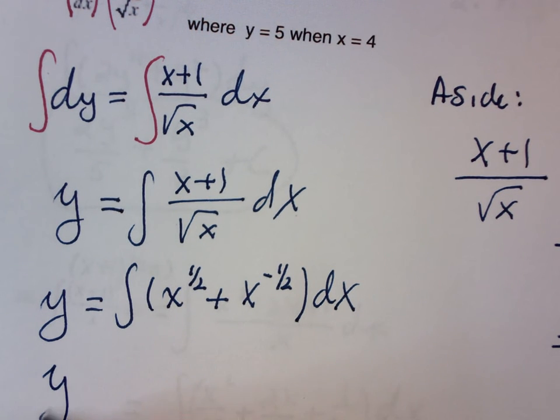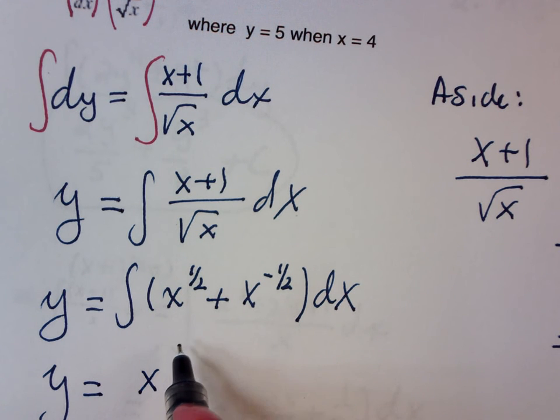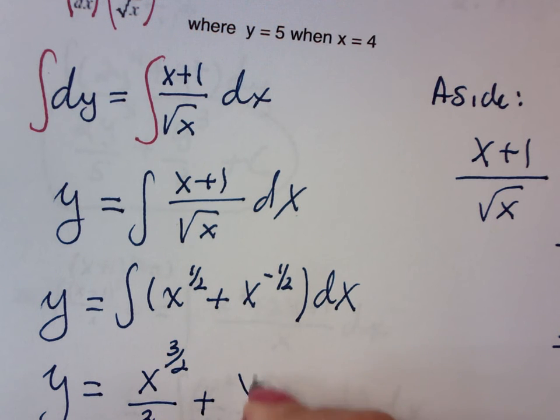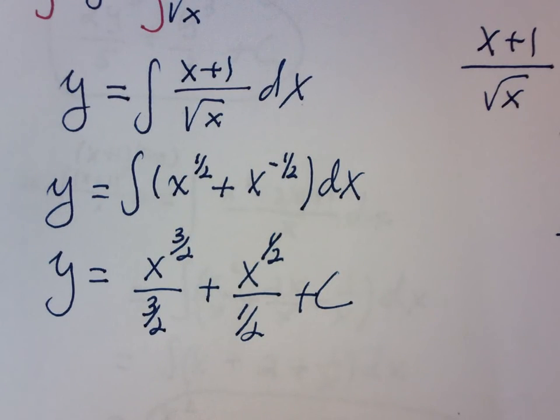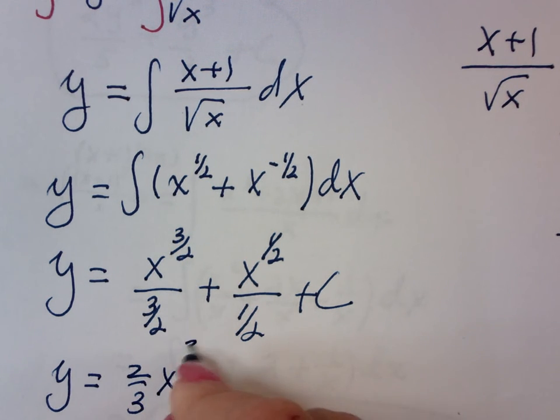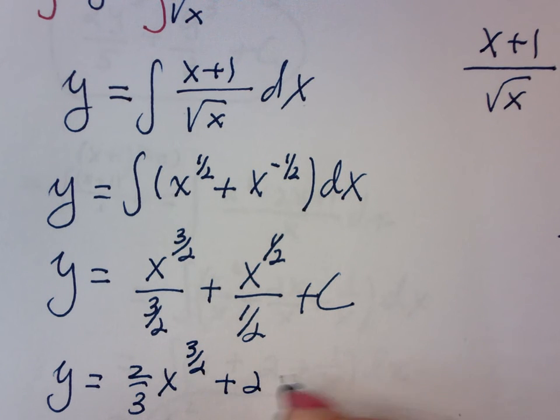Now it just becomes anti-power rule. This would be x to the what? 3/2 divided by 3/2 plus x to the 1/2 divided by 1/2 plus c, or y is 2/3 x to the 3/2 plus 2x to the 1/2 plus c.